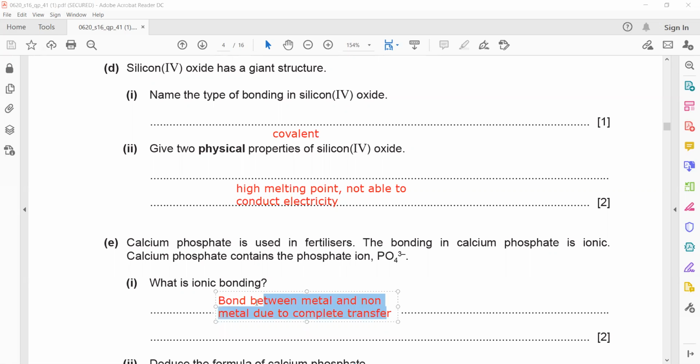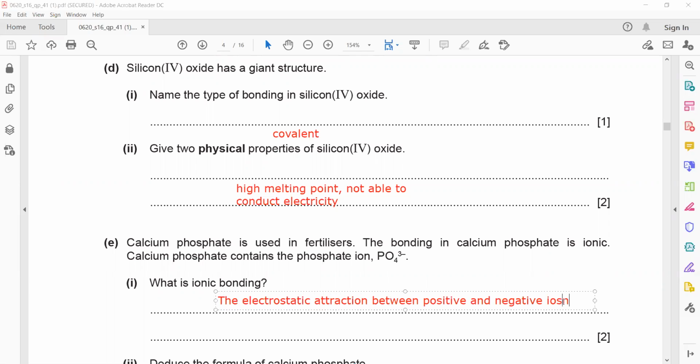But what we call specifically an ionic bond is the electrostatic attraction between positive ions and negative ions, the unlike ions.